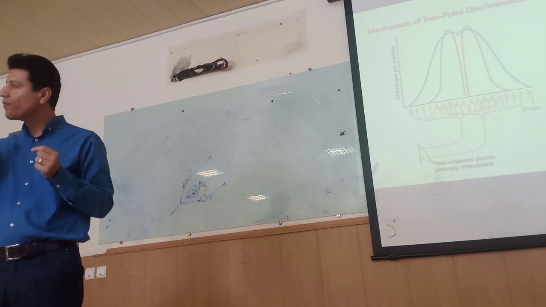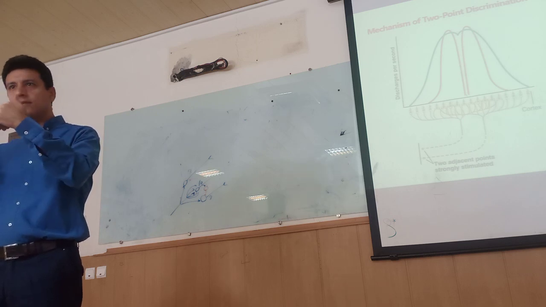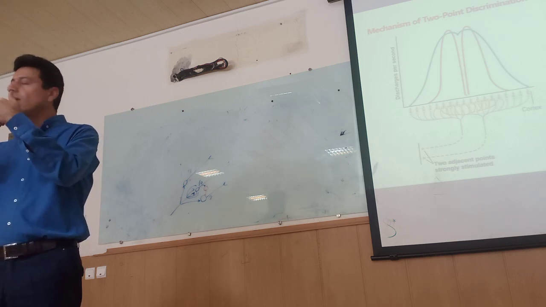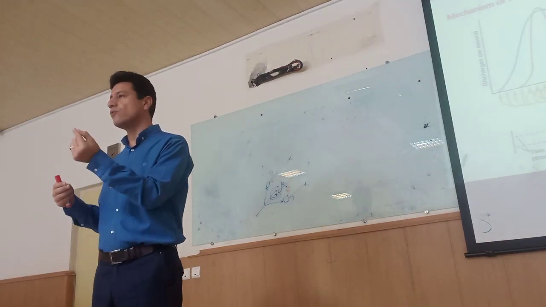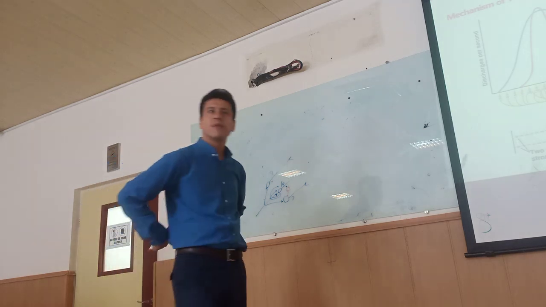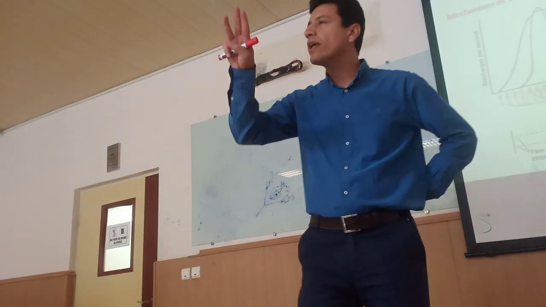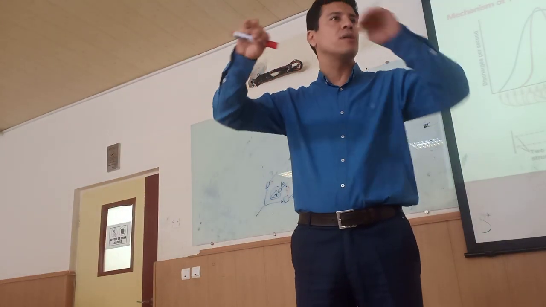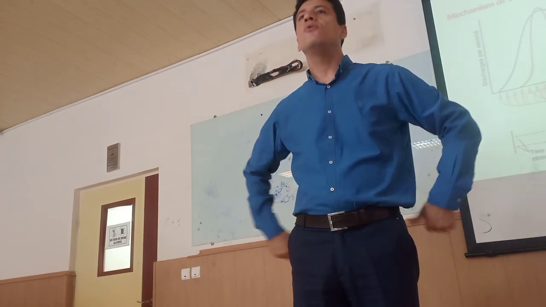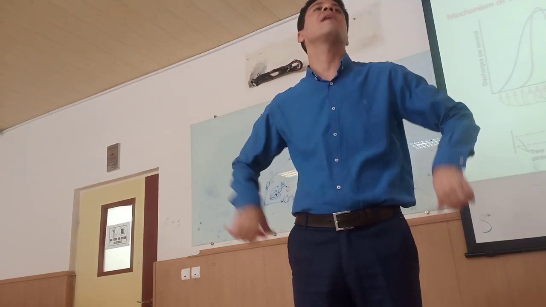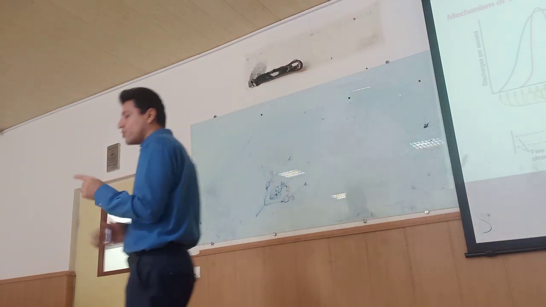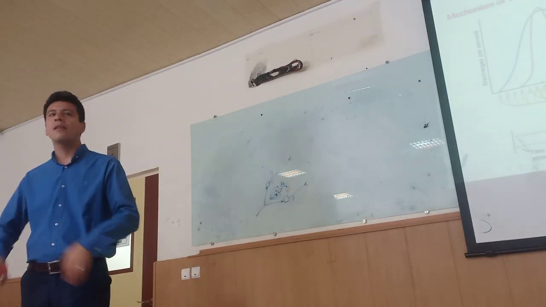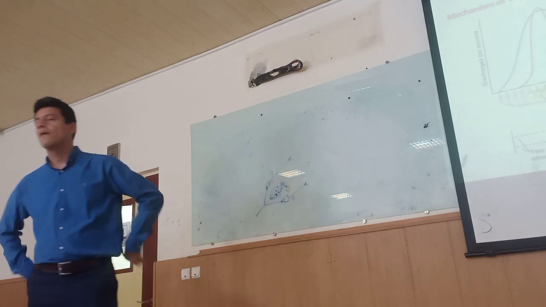So only 2 or 3 millimeters apart is enough for differentiating between these two. But in the back of the body, we need at least 3 to 7 centimeters of distance to feel them as separate points. So 2-point discrimination is highest in the finger and lowest in the back.